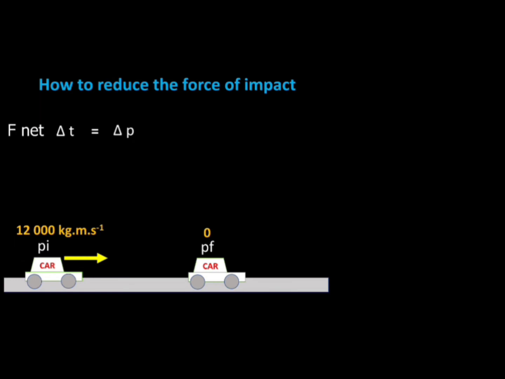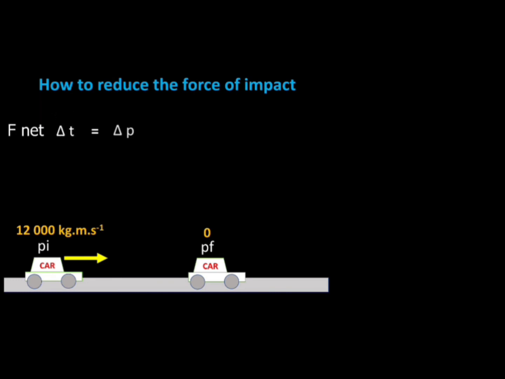Now, the magnitude of the change in momentum will remain the same irrespective of how long it takes the object to actually stop. Whether the object stops in 3 seconds, 5 seconds, 2 seconds, the delta P value will remain 12,000 in this case. So, the quantity that becomes of paramount importance is the collision time, the delta T.